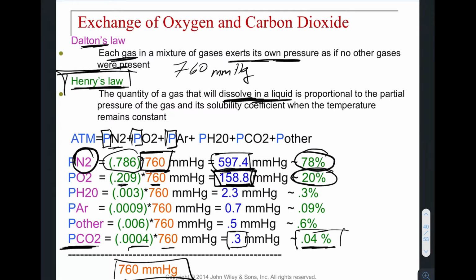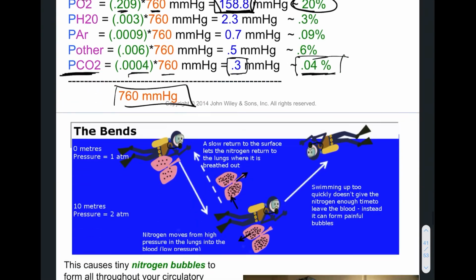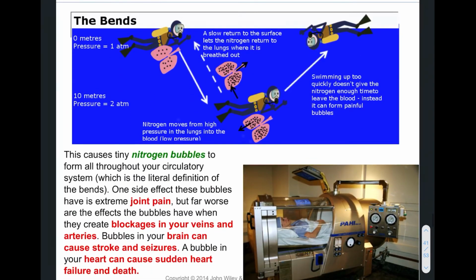If the partial pressure is higher, it's going to push that gas into the liquid and cause it to go into solution. Whether it's a pond of water, or in our case, because we're doing human anatomy and physiology, blood, the partial pressures will drive how those gases dissolve within the bloodstream.